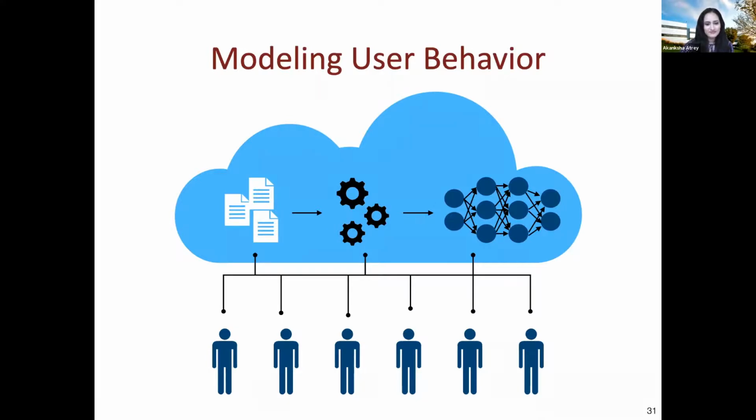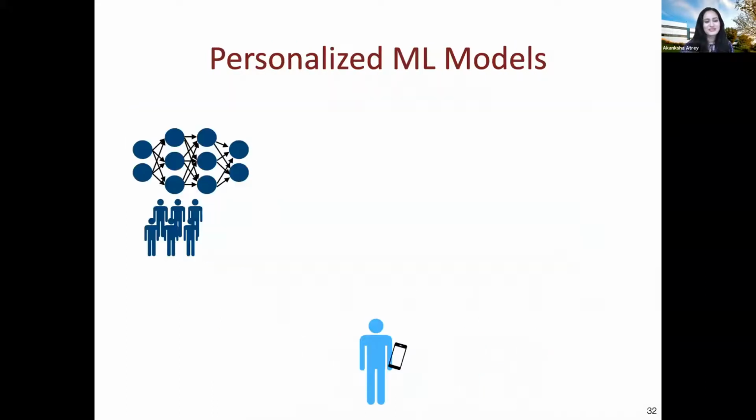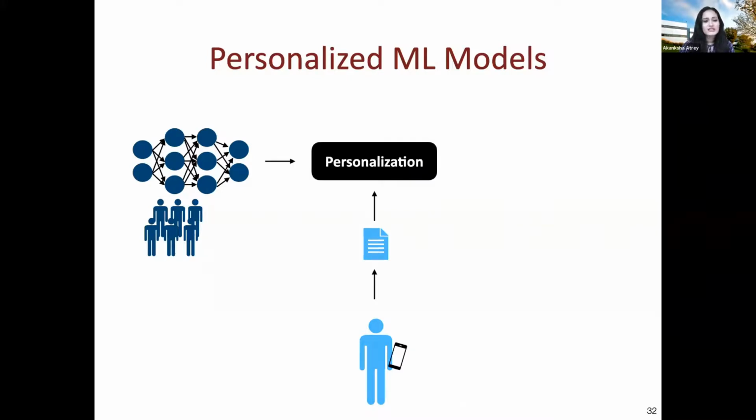So what's the alternative to this, you may ask? As many of you might guess, it's personalized machine learning models. You can, not easily, but you can personalize a general model to cater to the behavior of individual users and make it more user-centric. One way to do that is you can take the data of a user, use an existing global model that you maybe developed or trained once, and use that to do some personalization and come up with a personalized machine learning model for that specific user.